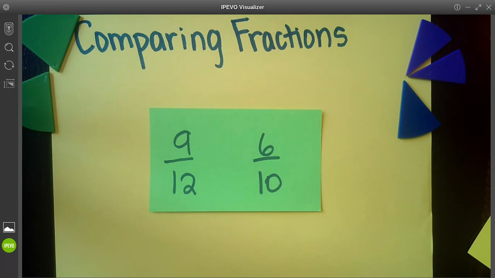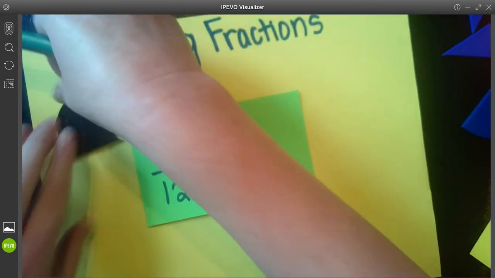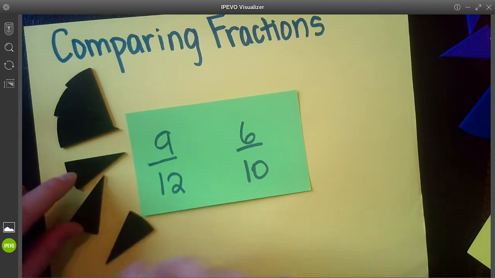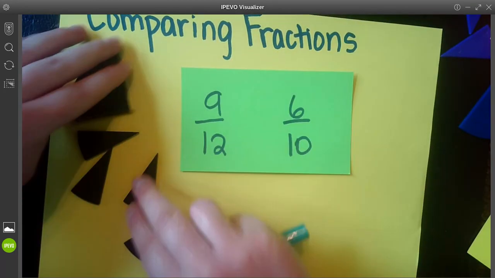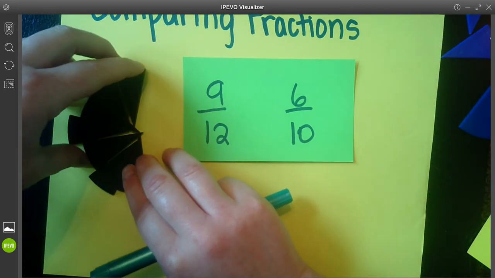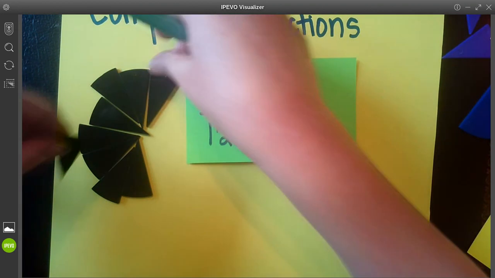9/12 and 6/10, right? So I have 9/12. So I have 1, 2, 3, 4, 5, 6, 7, 9.